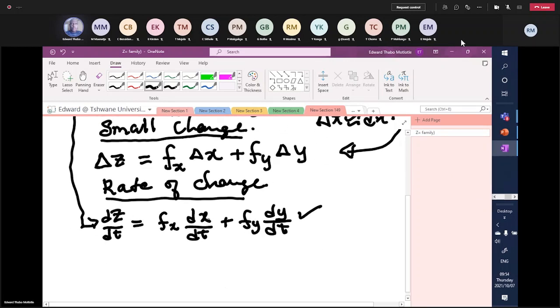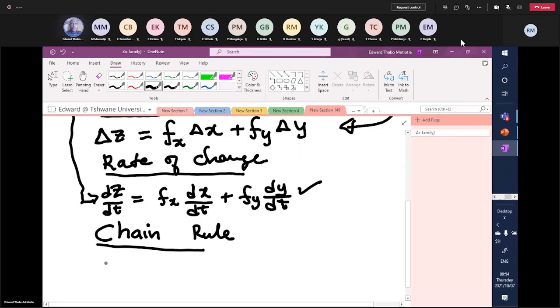Now, immediately after this, we go to what we call the chain rule. For the chain rule, we have two cases. We have case one. For case one, this is the situation.